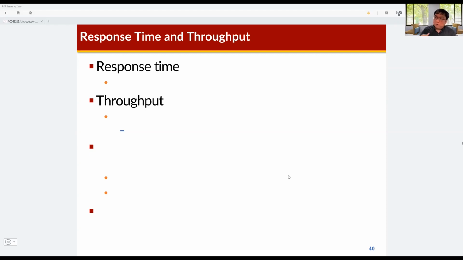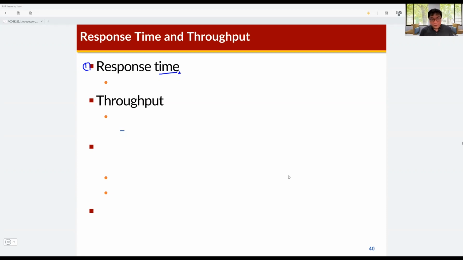When we measure the performance of our computer system, we first consider the response time. Response time is the time from the start of the application to the end of the application. That is the response time. Simply, it's the start to end time.